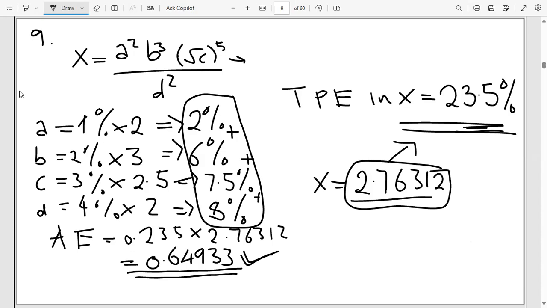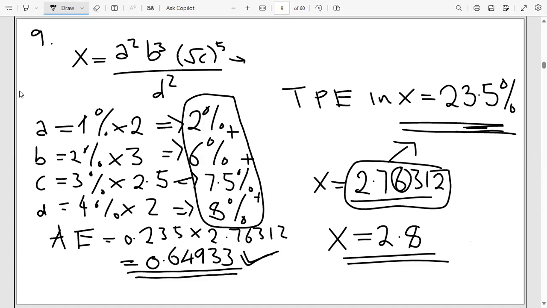What does that mean? That means we should round off the value of X to 1 decimal place, which is going to give us the actual value of X of what? Of 2. Since 6 here is greater than 5, we're going to say 8. The value of X is 2.8.